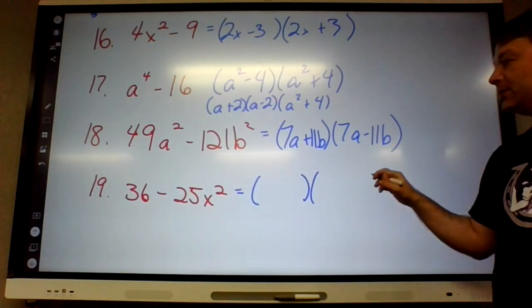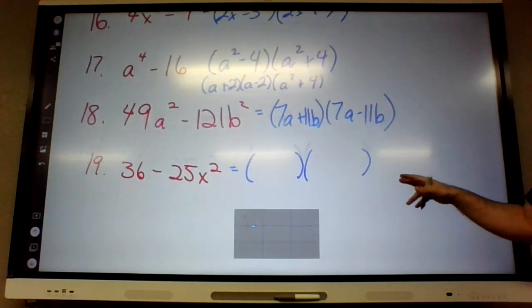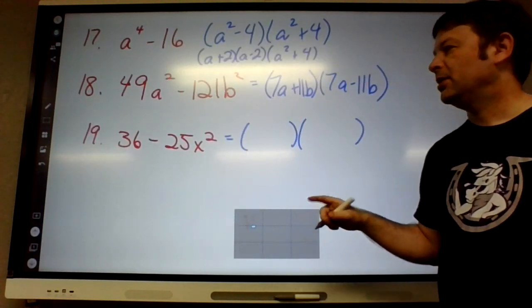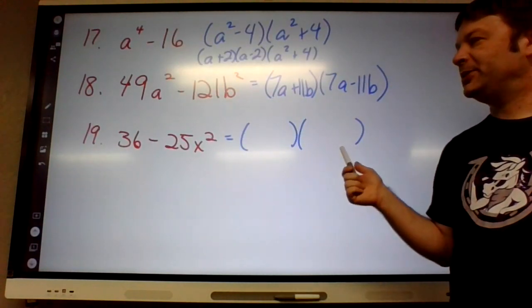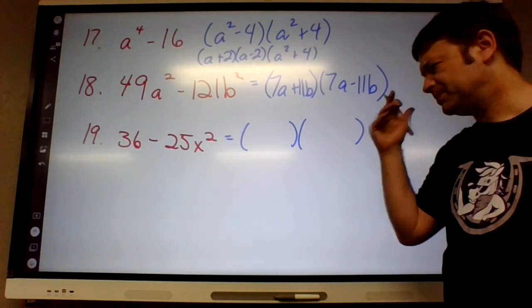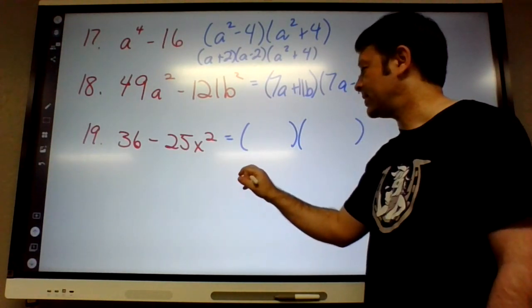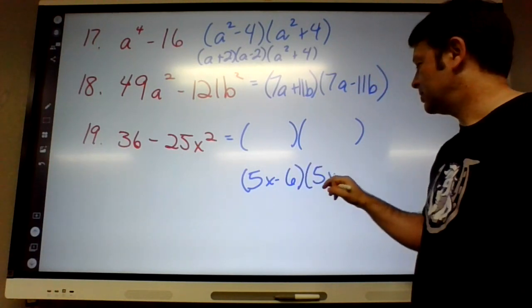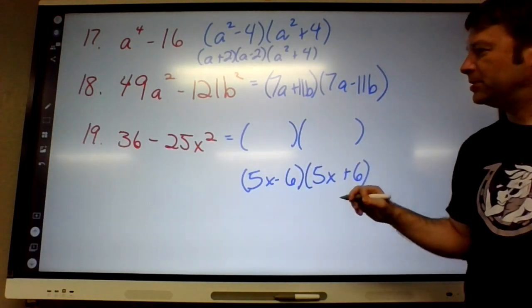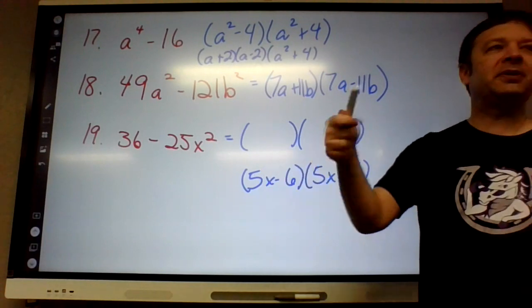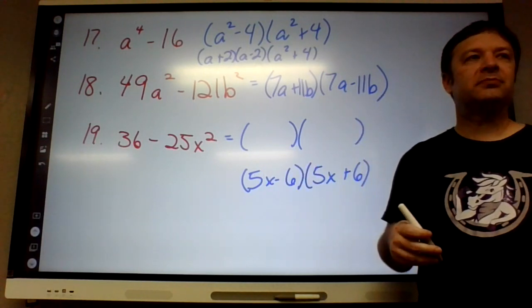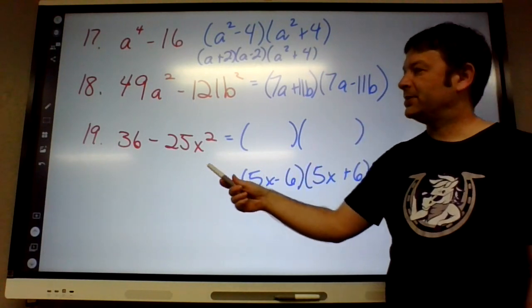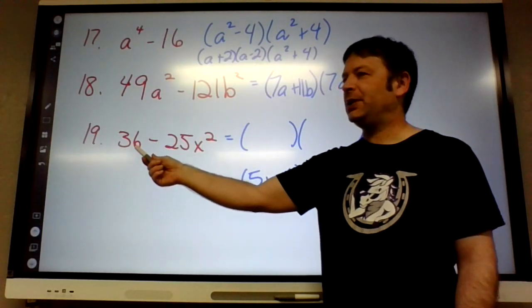Alright, Hannah, 19. 5x minus 6, and then 5x plus 6. Okay, that'll be slightly wrong. It's close to right. You guys know why it's wrong? Because the negative 125. Yeah, so the 6's kind of need to go in front.